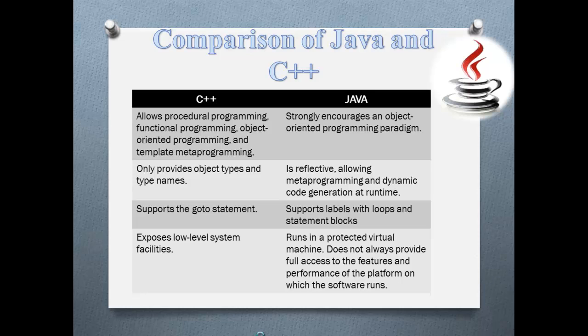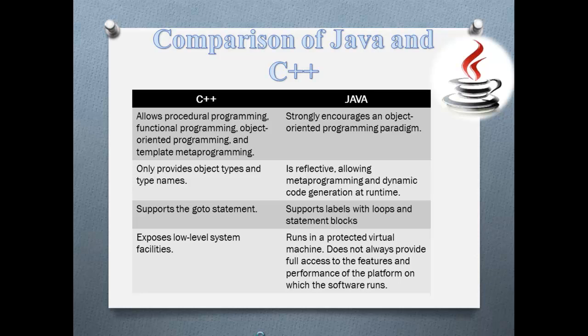C++ only provides object types and type names. Java is reflective, allowing metaprogramming and dynamic code generation at runtime. C++ supports goto statements.